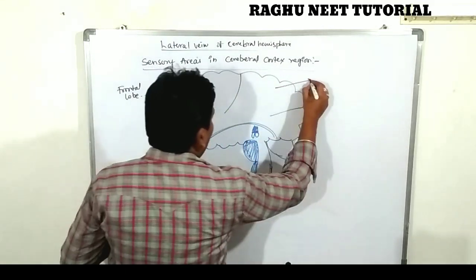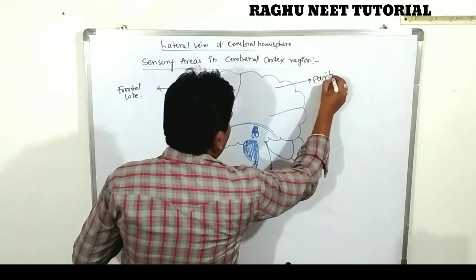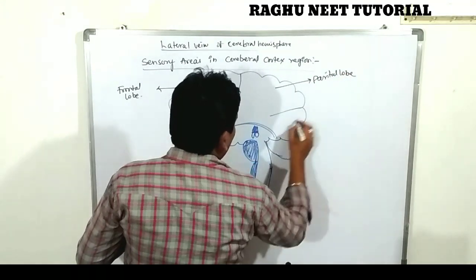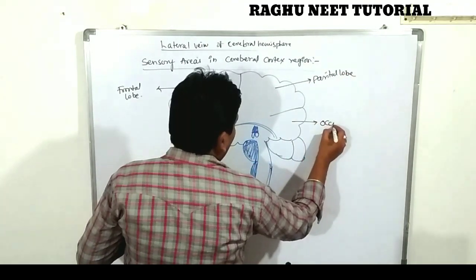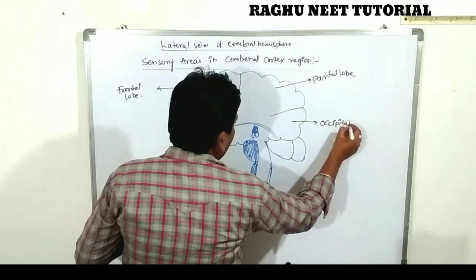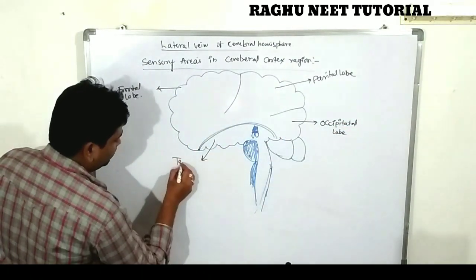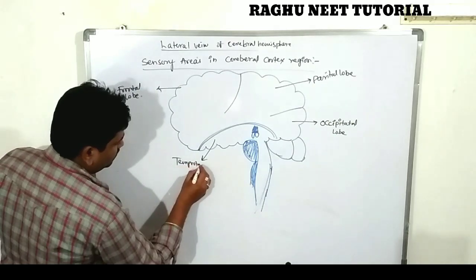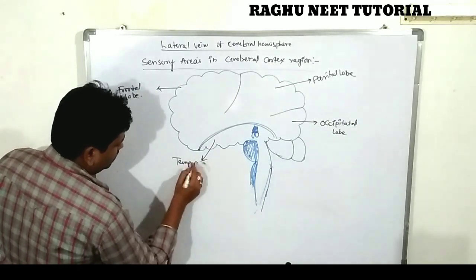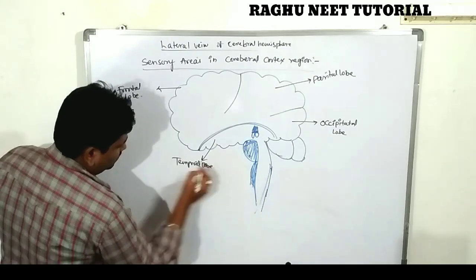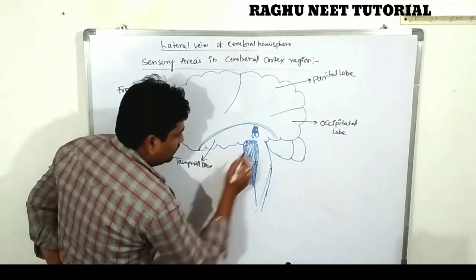Second one is the parietal lobe. Third one is the occipital lobe. Fourth one is the temporal lobe.